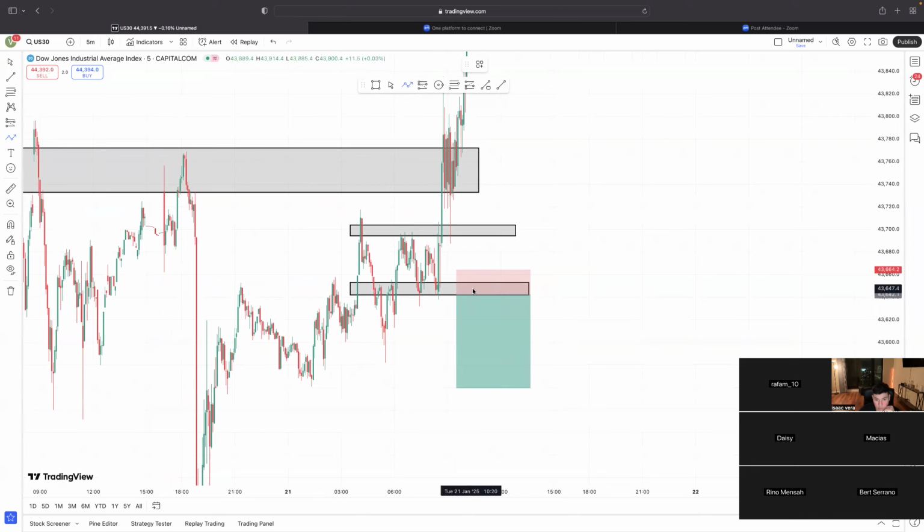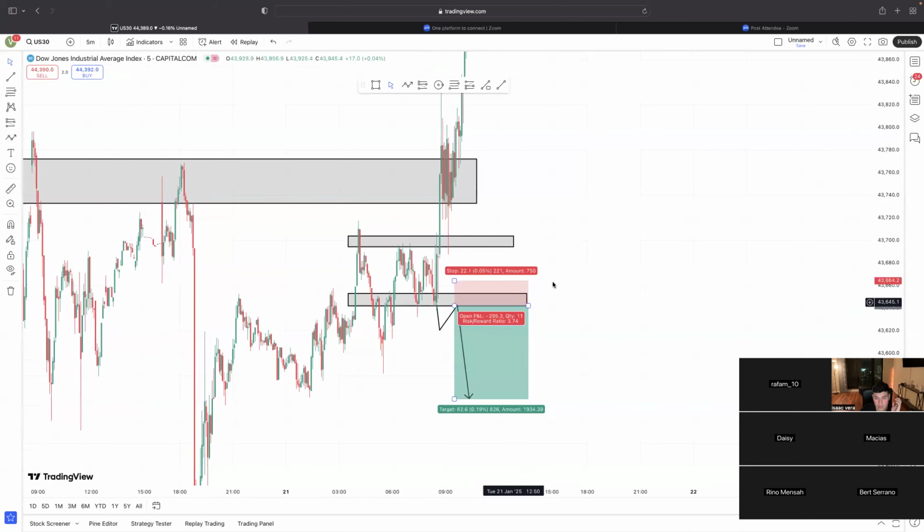So in this case, I would take sells if price would have done this: break below support, come back and retest, open up with a bearish engulfing candle, and target these previous lows. You guys see? Previous lows. So I would target this zone in this sell scenario.